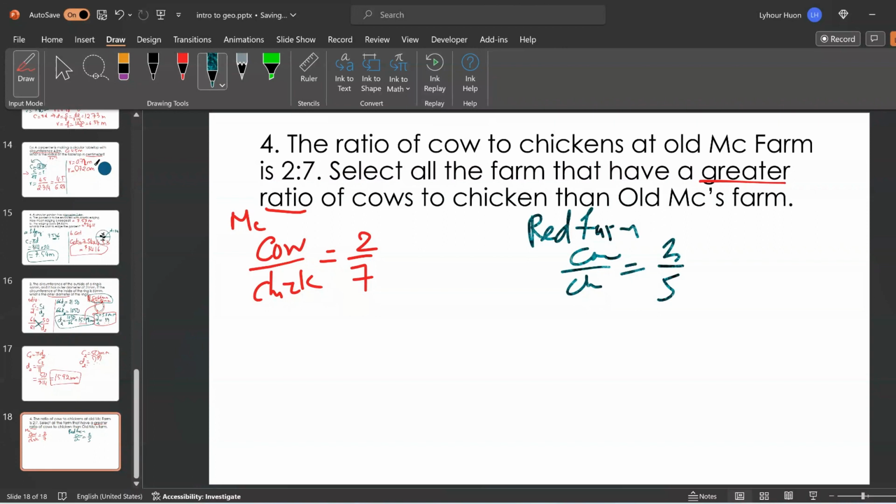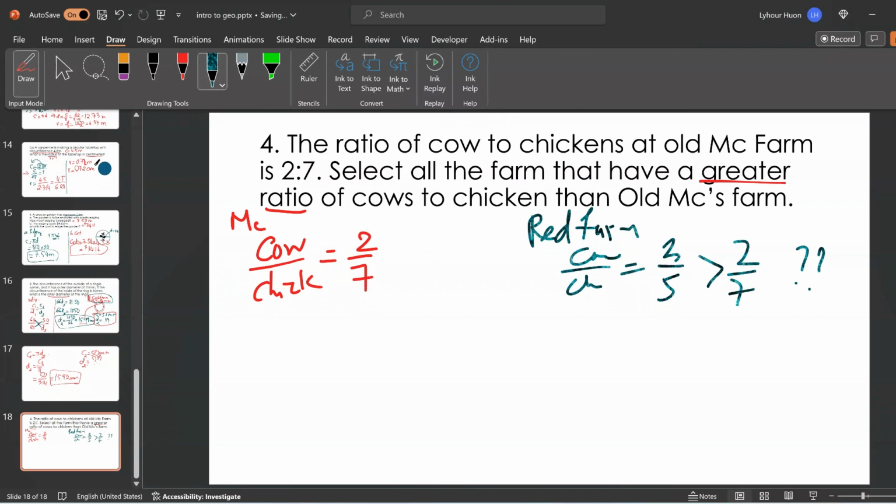We want the farm that has a greater ratio than the McDonald's one. So we want to check whether 3/5 is greater than 2/7 or not. If it is greater, then this is the answer. But if it's not, it's not.